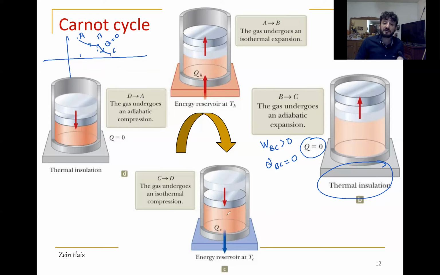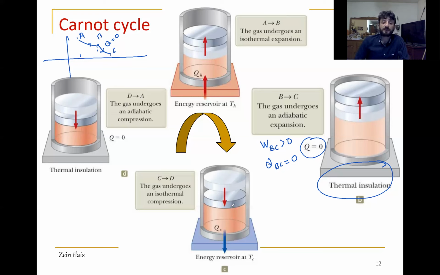At this point, the gas is in contact with a cold reservoir where T equals T cold, TC. If you go back to the vehicle engine, we are in the last step where the gas goes out, where the gas is in contact with the external environment.